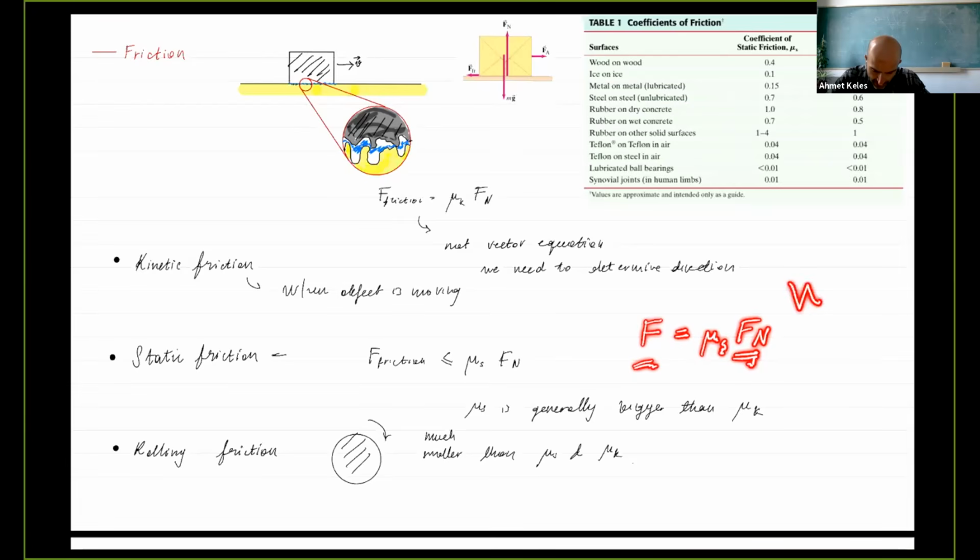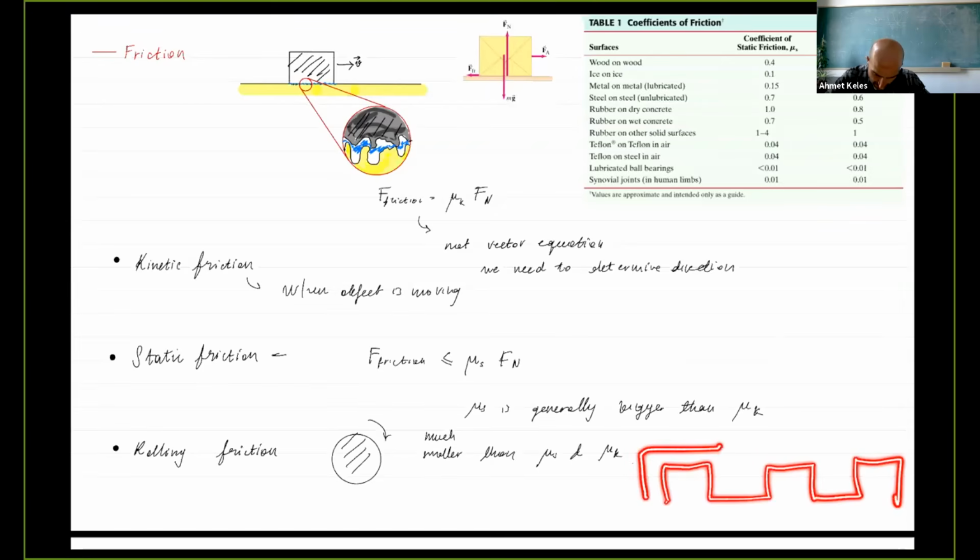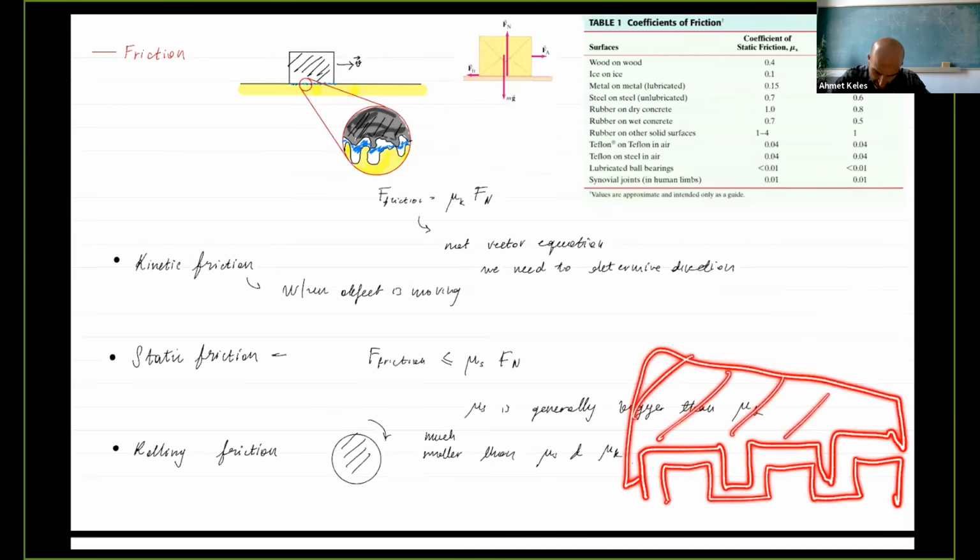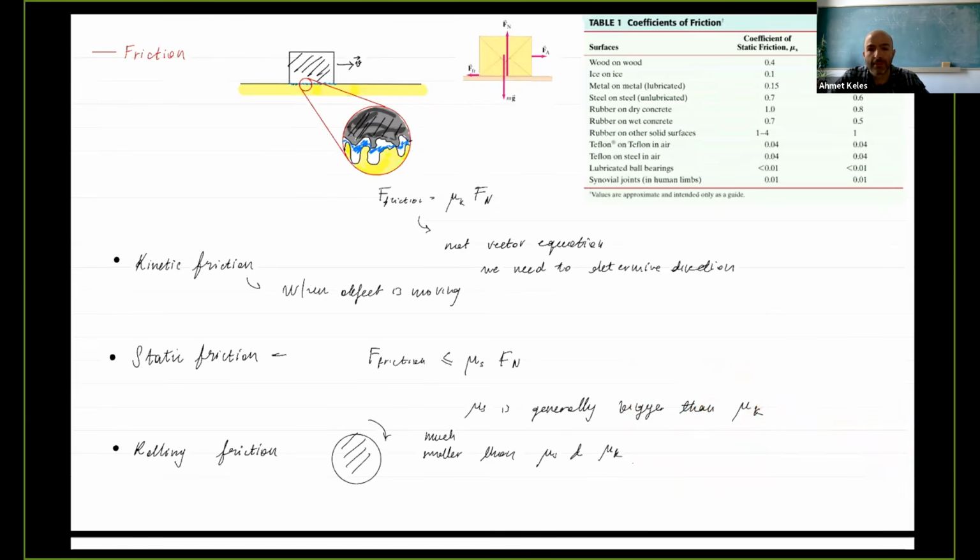One way is like this: you can put wedges on the surface, and you can bring your block and put wedges on your block, and they are going to lock to each other. So this can be arbitrarily large. Or you can think of a surface like this, and your object is something like that. These things are going to lock to each other, and you will not be able to move. Basically, your friction force is as big as the force applied.